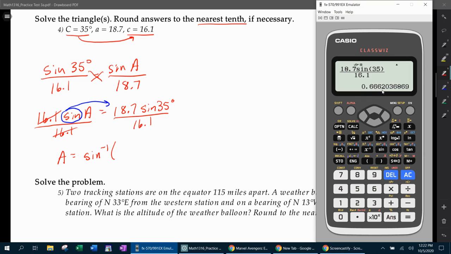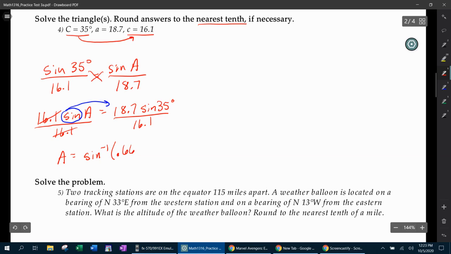And we're going to round that to, I know this says to the nearest tenth, but since this is an intermediate step, really it's best to go more places. That makes your answer more accurate. So it would be kind of funny here if I went to 3 places. That would be an evil number. I'm going to go 4 places. 0.6662.